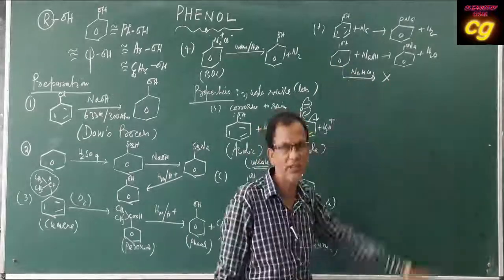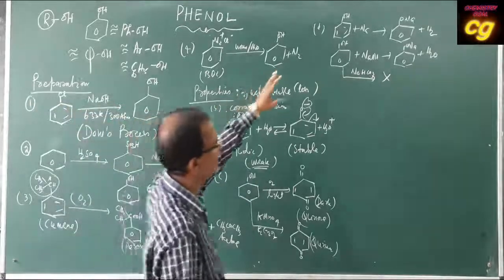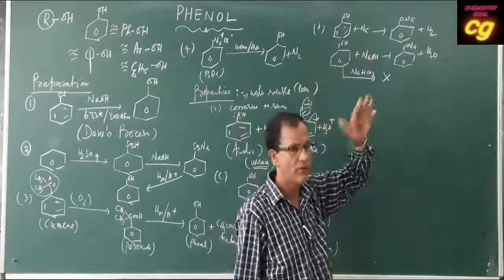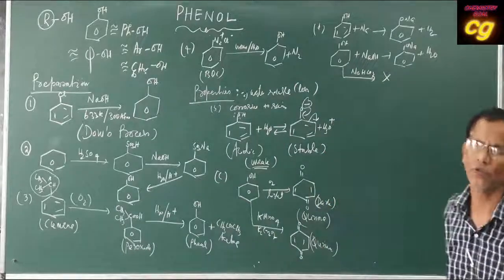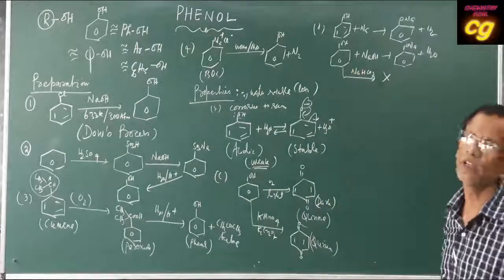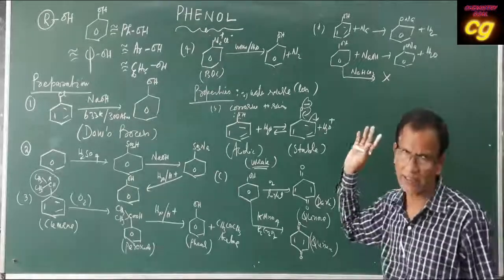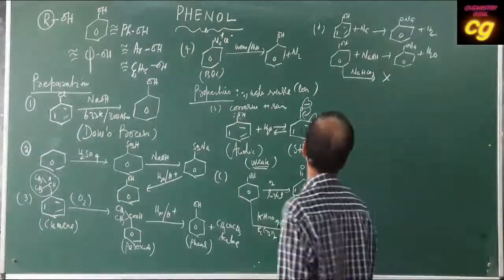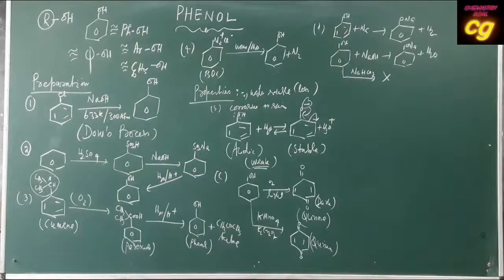This is a very important distinction we can use to identify phenol. If you add sodium bicarbonate to phenol, no CO2 gas is produced. That indicates phenol. But all carboxylic acids, when reacting with sodium bicarbonate, produce carbon dioxide gas. This is the main difference between phenol and carboxylic acid. So that is the acidic property of phenol.